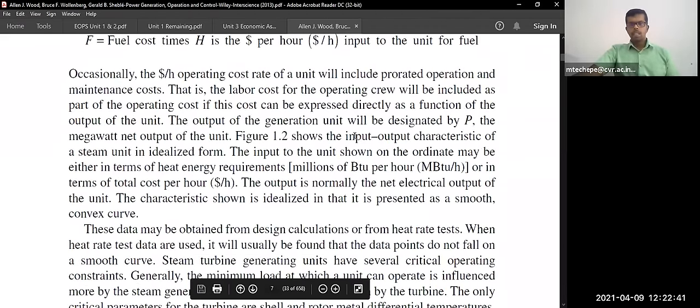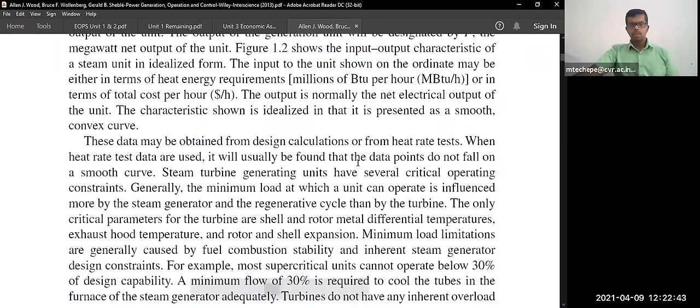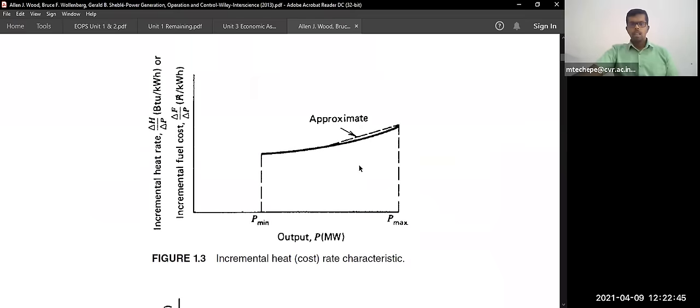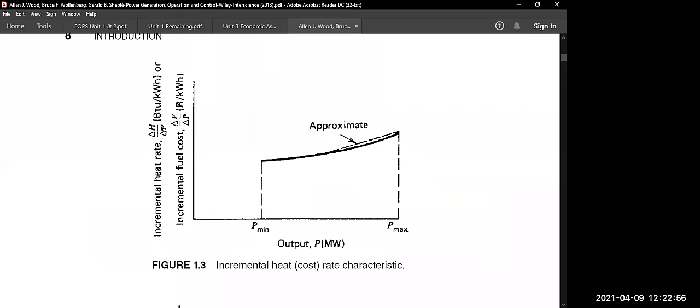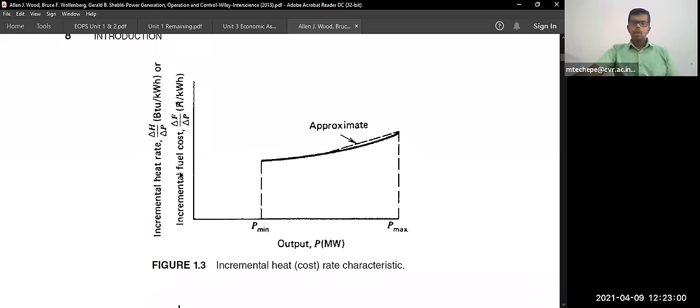So next, if you see the next curve, this is the incremental heat rate characteristics. Here, on the y-axis, what we are taking is the incremental heat rate. Incremental heat rate means the change in heat with respect to power.